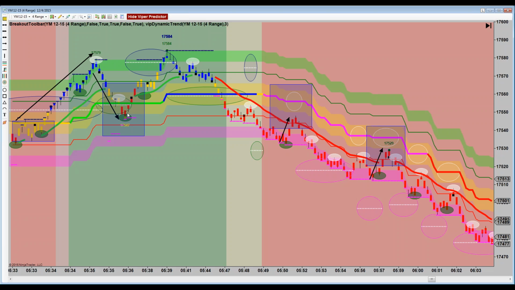1, 2, 3. Out of those 3 bars, which one is the reversal bar? 1, 2, or 3? Which one of those bars is the reversal bar? 3. Good.